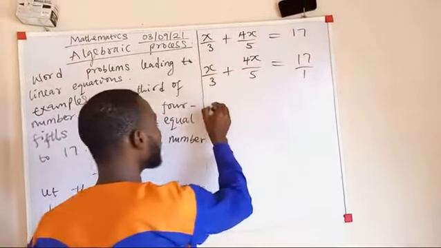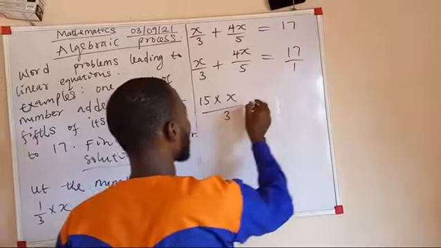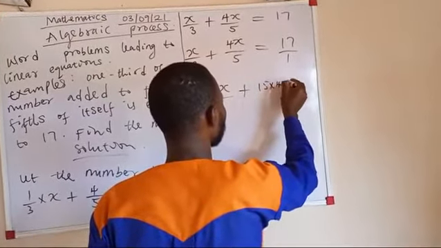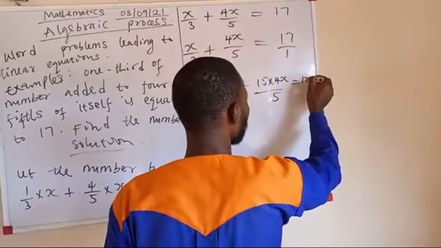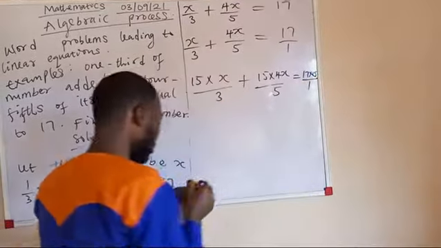So we're now going to have 15 times x divided by 3 plus 15 times 4x divided by 5 equals 17 times 15 divided by 1.